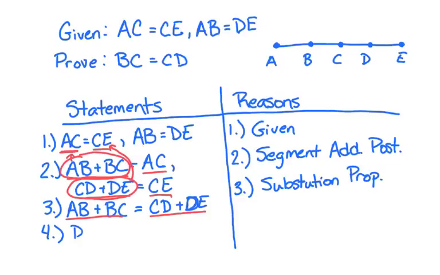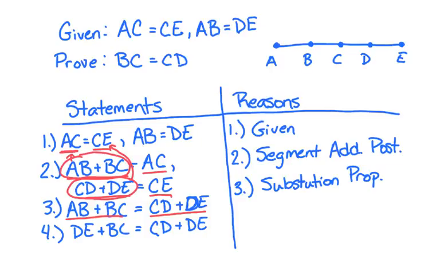Okay, statement 4 is this right here, that DE plus BC is equal to CD plus DE. Well, what changed from 3 to 4 is this right here, that they replaced or substituted, notice my words, DE in for AB.